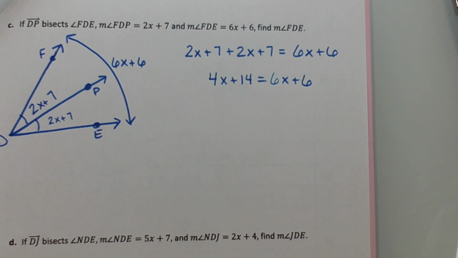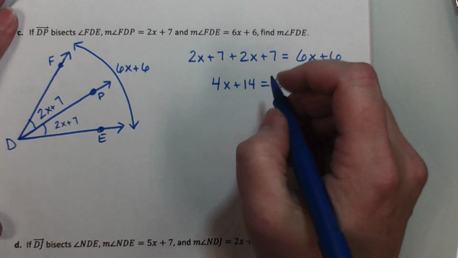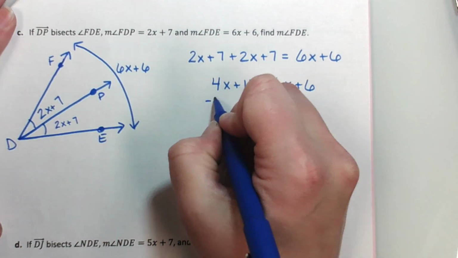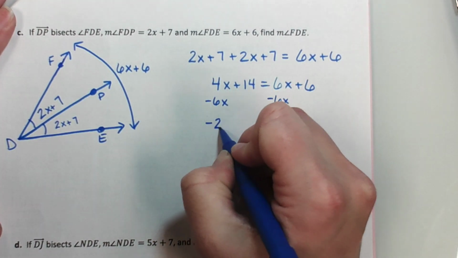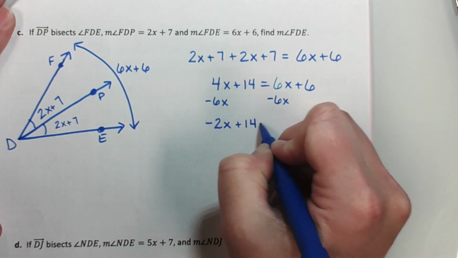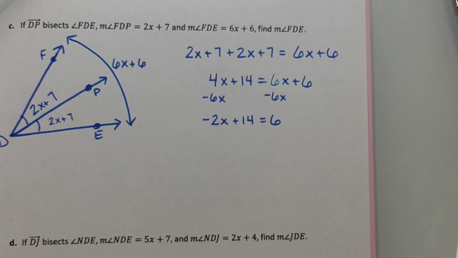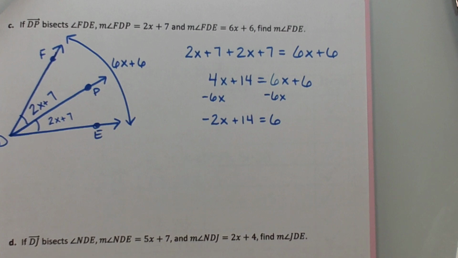Vivian, if I want to solve this, what would you tell me to do? Minus 6x. Negative 2x plus 14 is equal to 6. There are other ways to do it. If you subtracted 4x, you should get the same final answer.